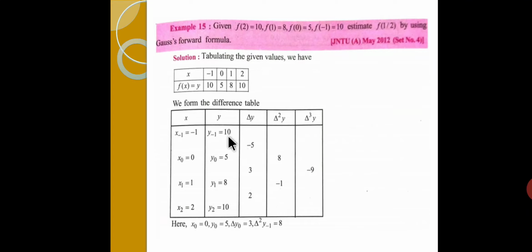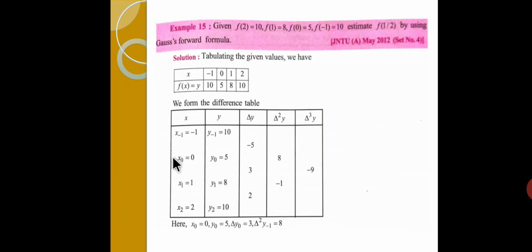The column place values are minus 1, 0, 1, 2. So delta y minus 1 is equal to minus 5, delta y naught is equal to 3, delta y1 is equal to 2, delta square y minus 1 is equal to 8, delta square y naught is equal to minus 1, delta cube y minus 1 is equal to minus 9.